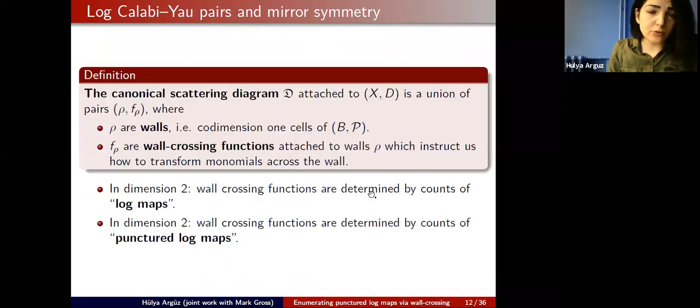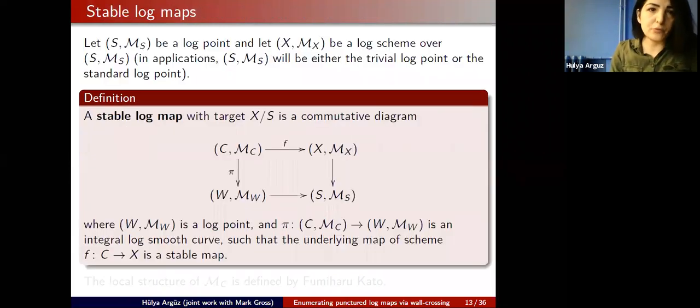And in dimension 2, wall crossing functions are determined by counts of log maps, and in higher dimensions they are determined by counts of punctured log maps, which we will see. So I will tell you what log maps are.